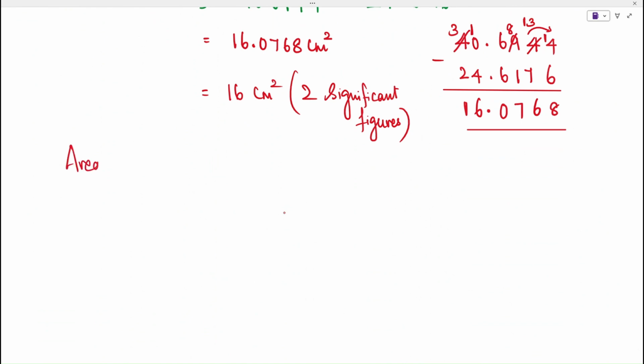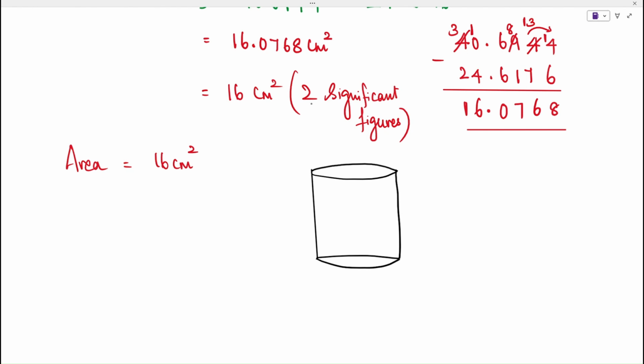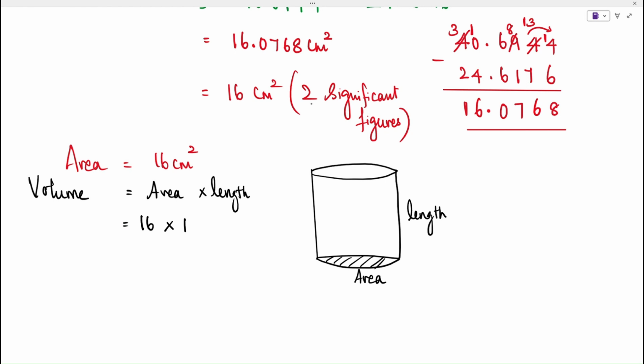And so to find the volume of a cylinder or any regular prism, we're going to multiply the area of one of the faces by the length of the prism. So we have our area of 16, and we're going to multiply that by our length. And this is equal to 16 times 11.